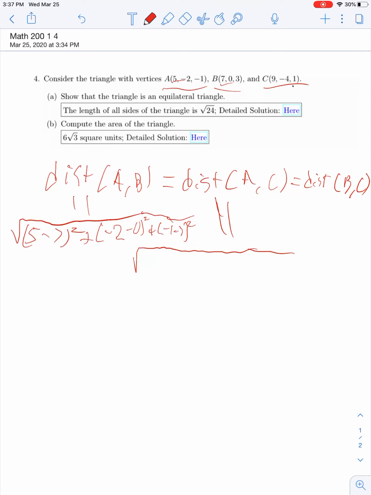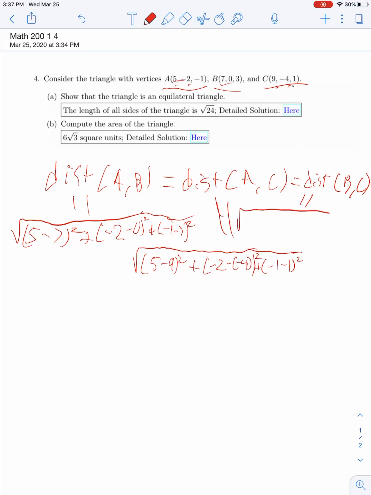And this guy is going to be equal to the distance between A and C, so we're going to do 5 minus 9 squared, and then we're going to add negative 2 minus negative 4 squared, and then we're going to do negative 1 minus 1 squared.